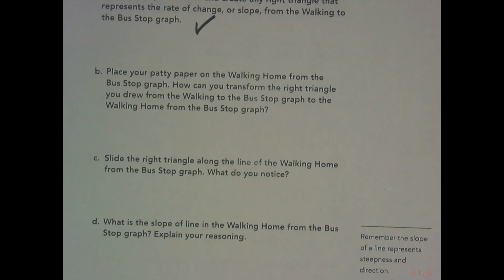It says, place your patty paper on the walking home from the bus stop graph. How can you transform the right triangle you drew from the walking to the bus graph to the walking home graph? So in other words, what geometric or mathematical thing did I do to get that done?